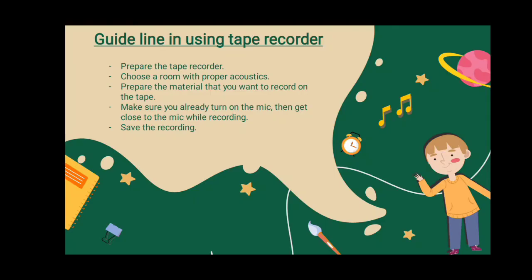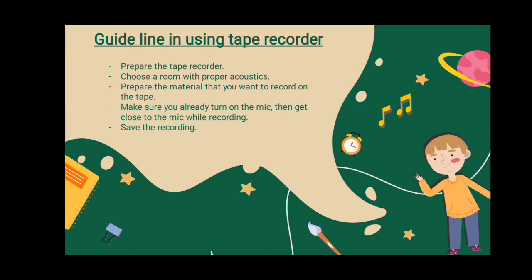And then the last one is guidelines in using a tape recorder. The first step is to prepare the tape recorder, of course, and the second step is to choose a room with proper acoustics, or somewhere that is a quiet place.